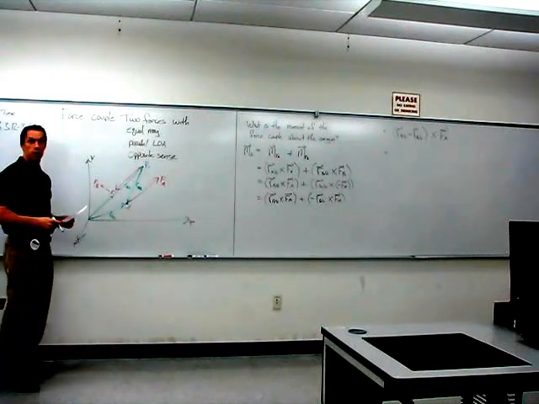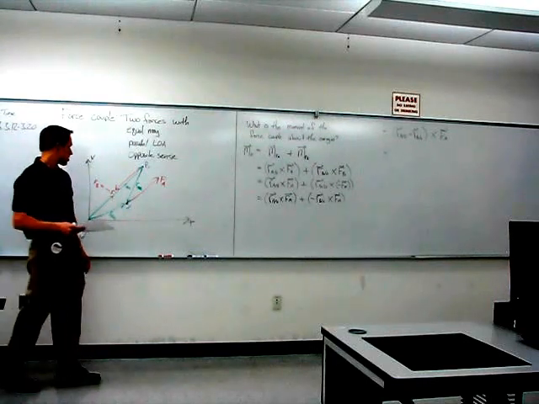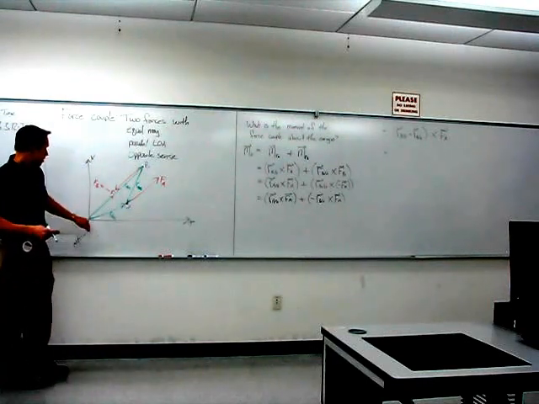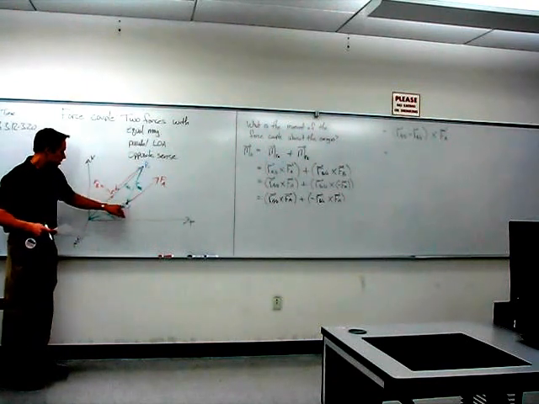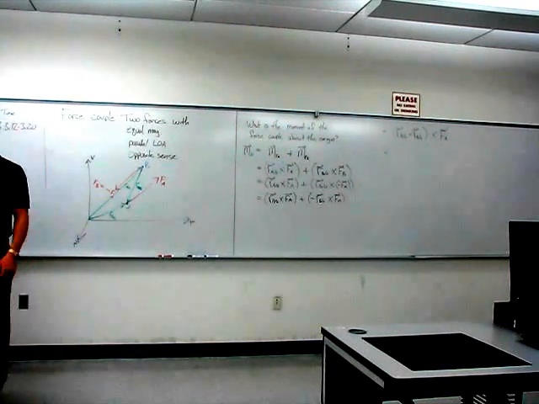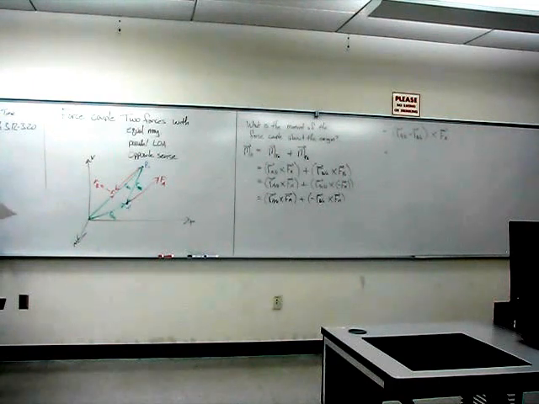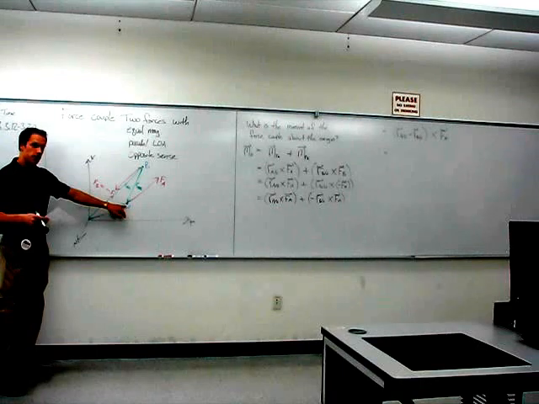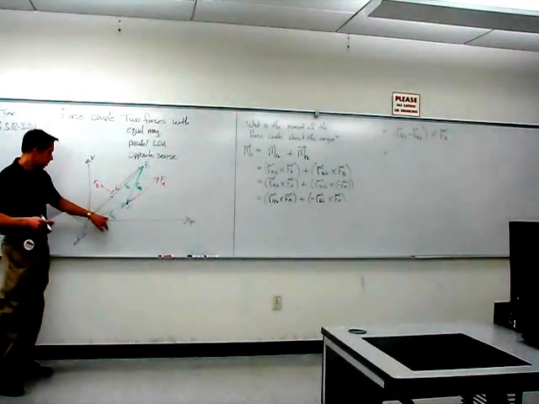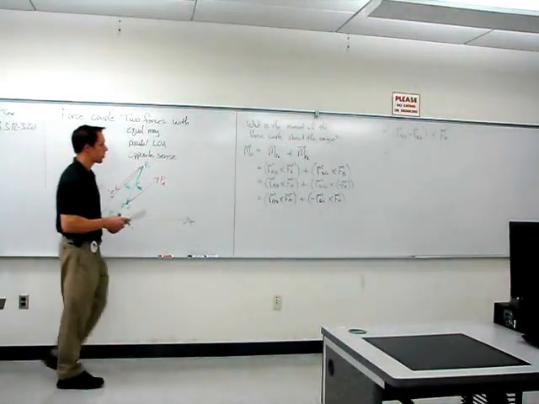Since they form a closed triangle, what that means is this. If I take the position of B with respect to the origin plus the position of A with respect to B, the result then becomes, if I connect the beginning to the end, the position of A with respect to the origin. So what do we have here?